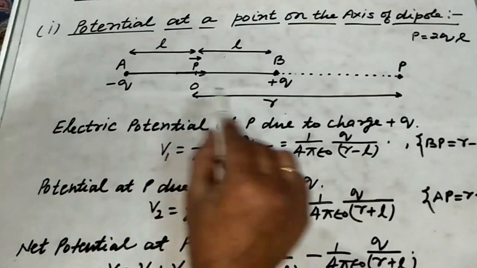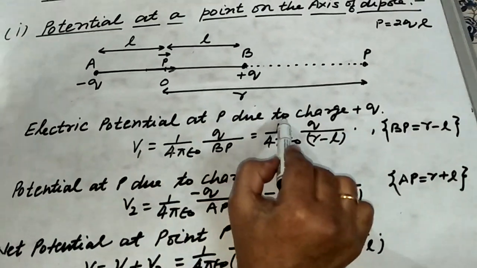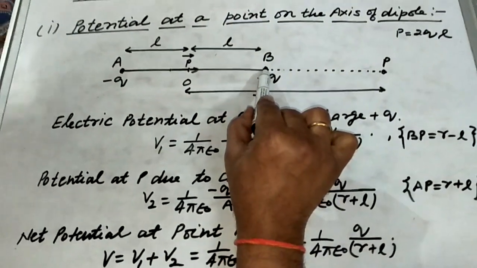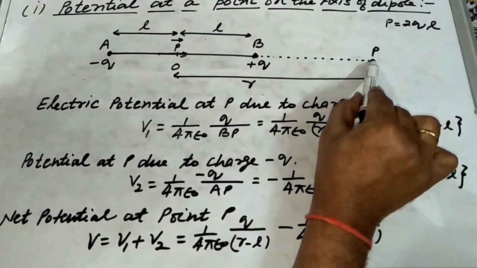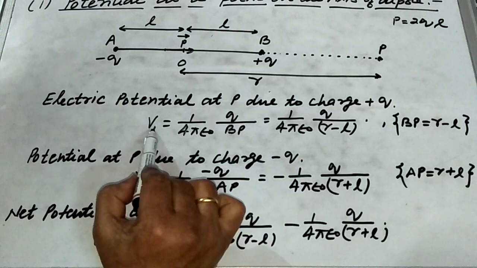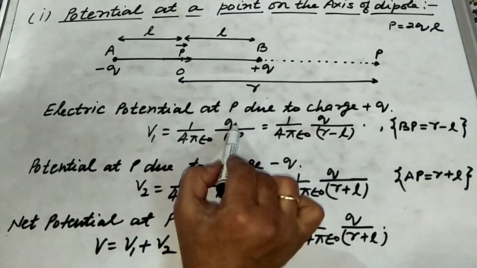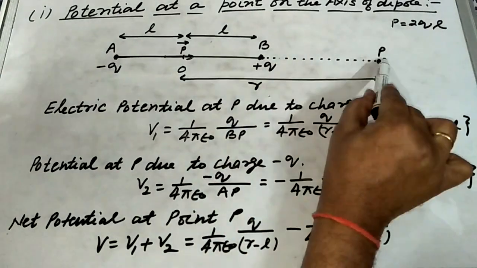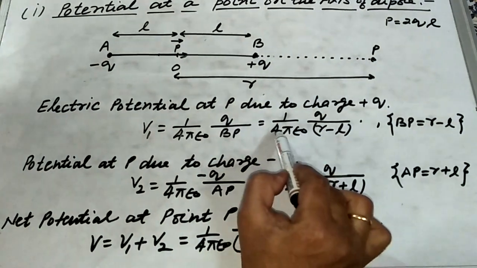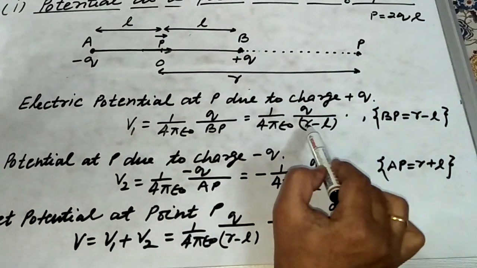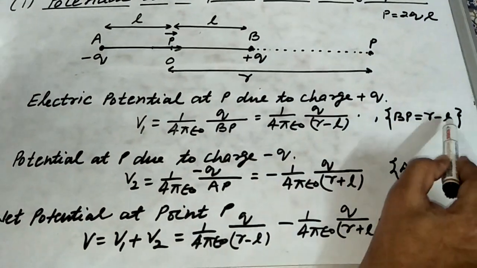The electric potential at point P due to charge plus q is given by V1 is equal to 1 upon 4 pi epsilon naught q upon BP, and you know BP is equal to r minus l, so q upon r minus l.